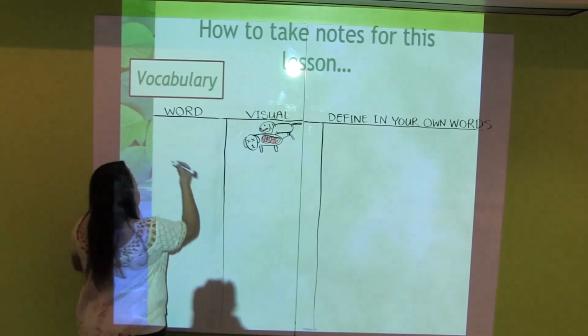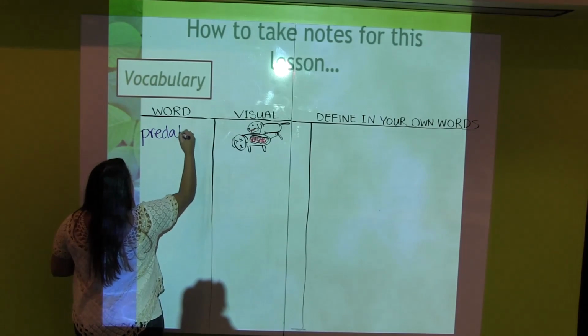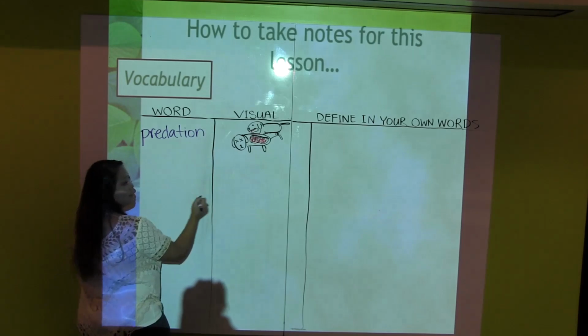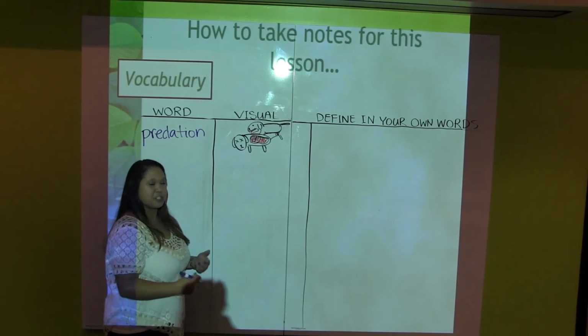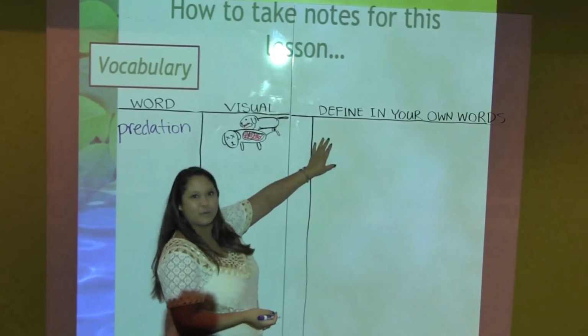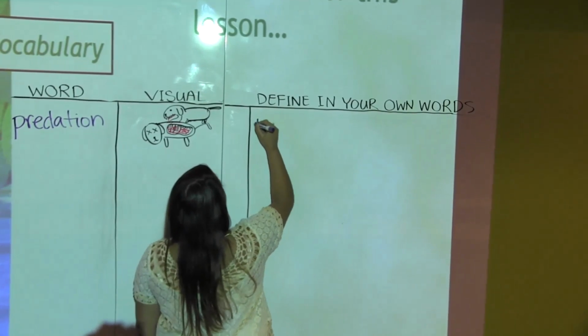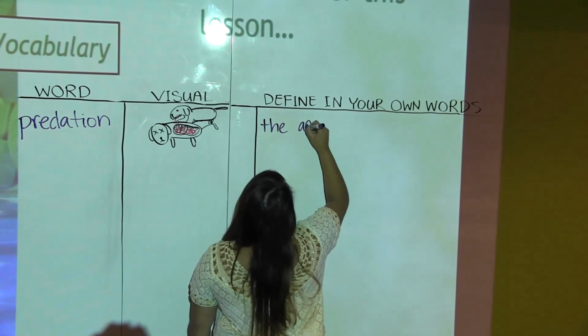So if I use the word predation, I'm going to write predation under word. I'm going to draw my visual, which Ed graciously provided for me, and then I'm going to write my definition in my own words. The definition for predation is the act of killing for food.